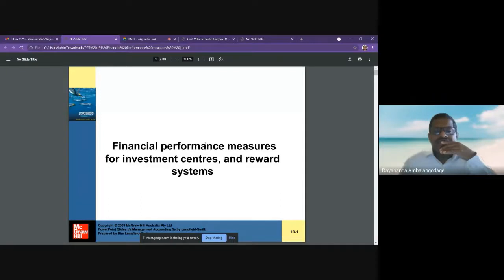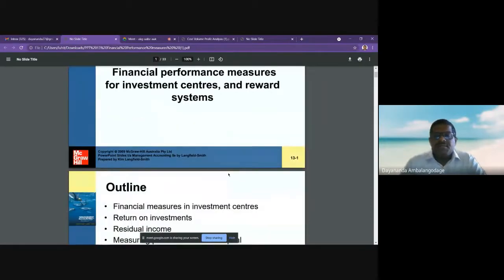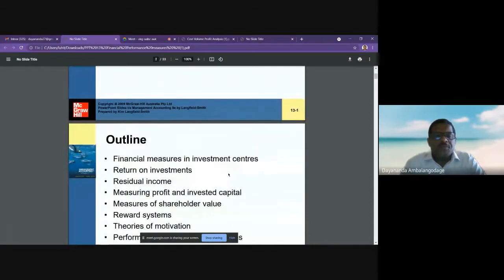That kind of structure we are discussing under financial performance measures for investment centers and reward system. Even if your bank is the parent company, it may have subsidiaries related to financial banking and industry banking business, maybe a finance company, maybe an IT related company, maybe another service oriented business, some related businesses you may have.